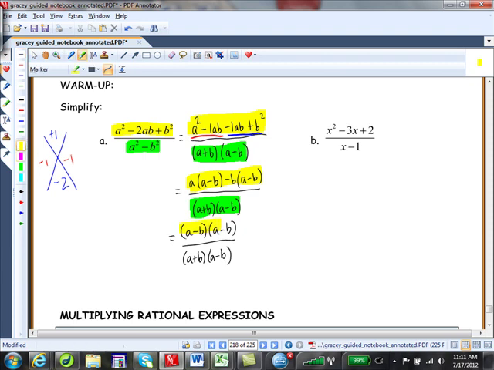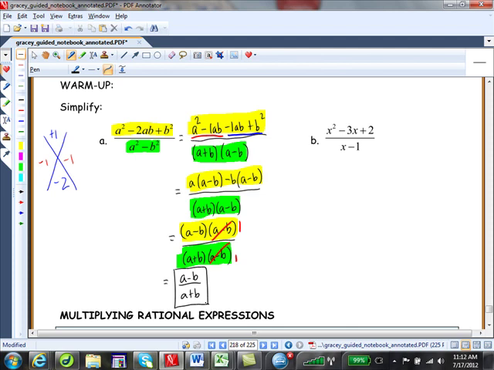So this is the factorization of the numerator, and then we still have this guy here as the way the denominator factors. Now notice that we have one factor of a minus b that we can divide out, and then we're left with a minus b over a plus b. Now, we're done. Don't go crazy and start crossing out those a's and those b's. We're all set. Okay? Half the battle in these rational expressions is understanding when you're done, when you should stop.